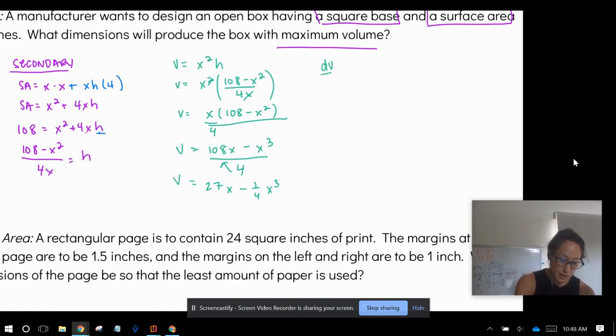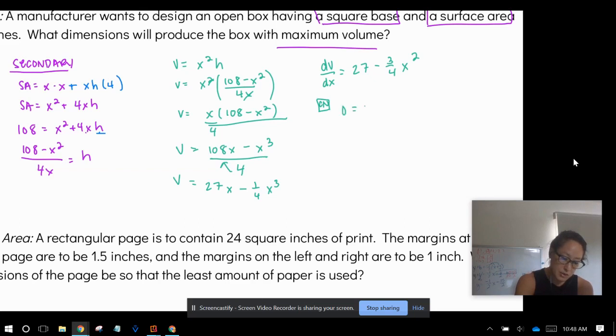So dV over dx, with respect to x this time. As the dimensions of the base change, how does the volume change? I get 27 minus 3/4 x squared. Then we find our critical numbers, and nothing is undefined.